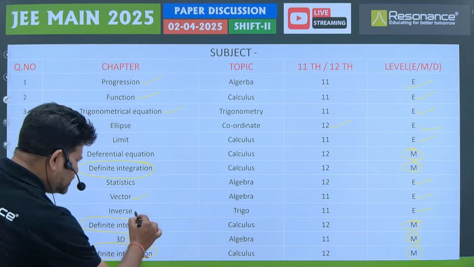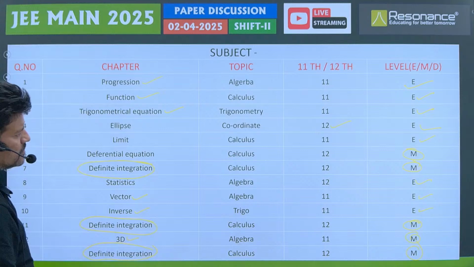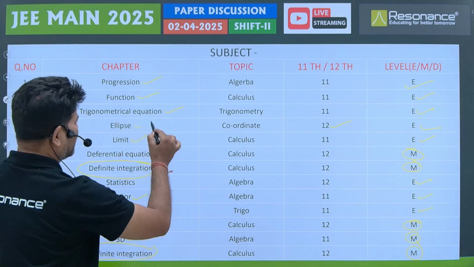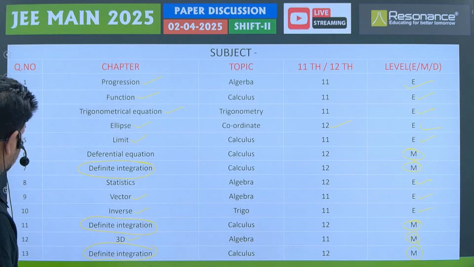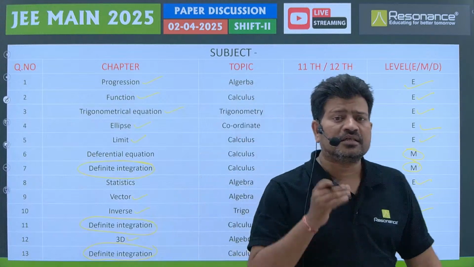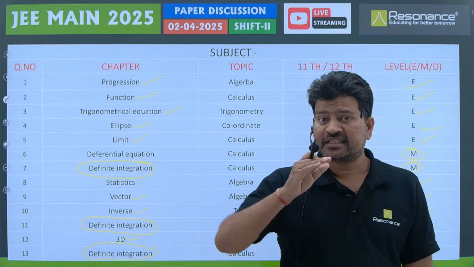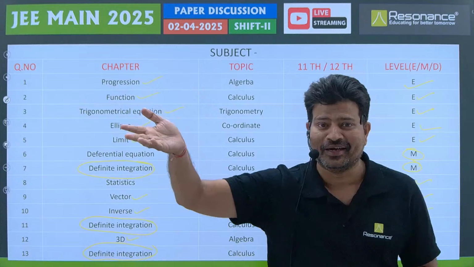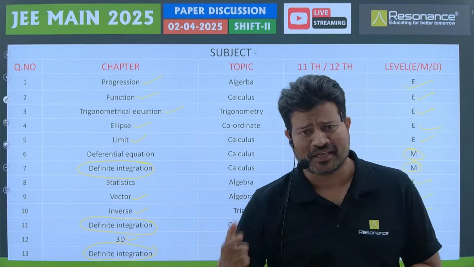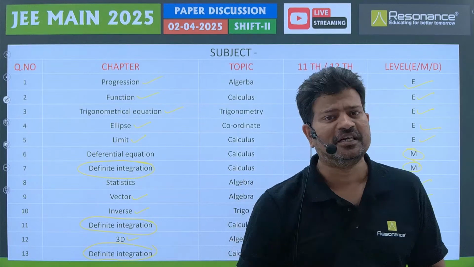Inverse also, easy question only they asked. Limit also, like that, model already PYQ. Several times this model question only came. So overall, based on these 13 questions, we can judge that the paper, this time I'm not saying moderate to difficult, this time I will say the paper is a moderate paper, maybe a few questions are lengthy, but manageable it was.